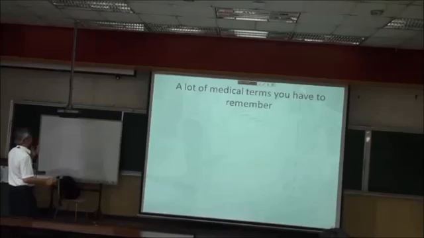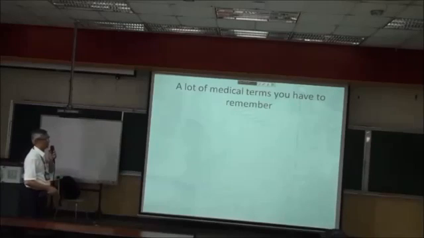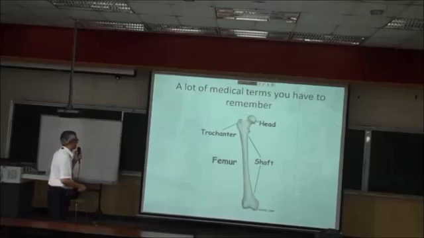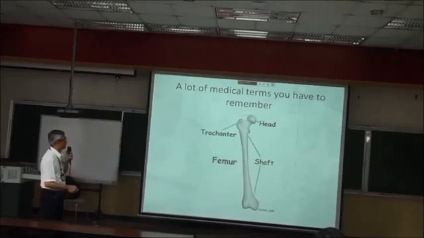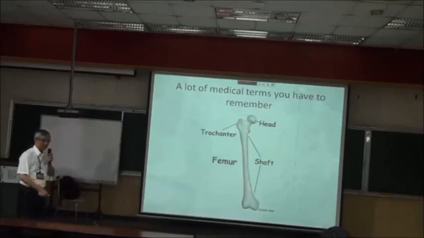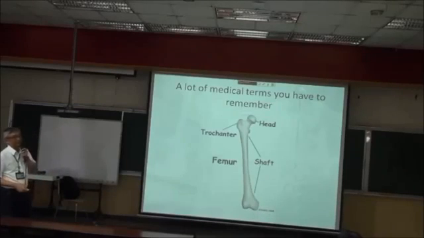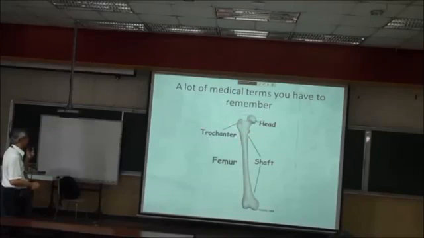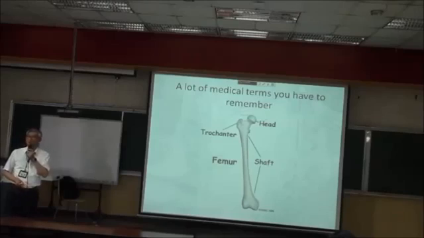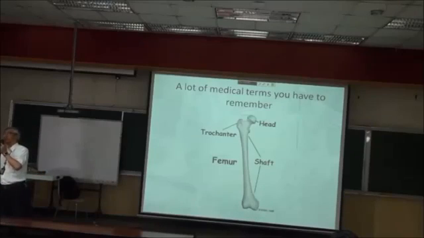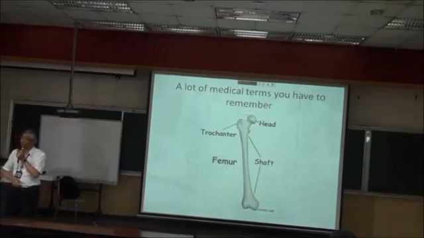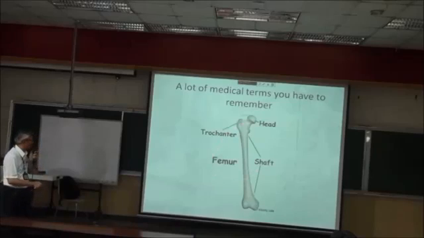So there is another medical term you have to remember. Just like this, okay, there's the femur, the long bone, the femur shaft. You have to remember other medical terms just like this. It's the head, femur head, femur trochanter, and femur shaft. So in a semester, when you're reading anatomy, you have to remember a lot of medical terms just like this.